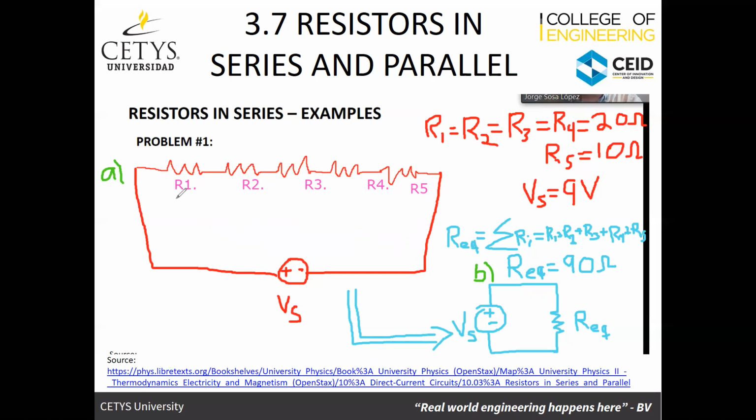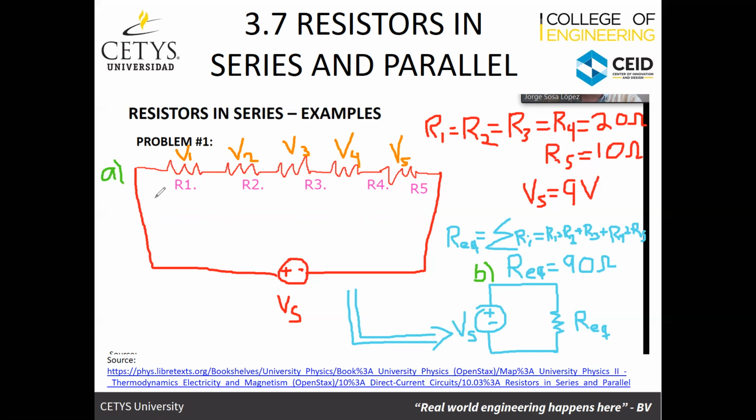We're going to have a voltage V1, a voltage V2, a voltage V3, a voltage V4, and a voltage V5. This again happens because our resistors are in series, okay?